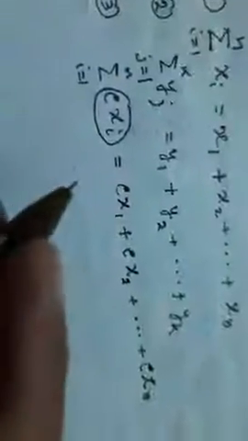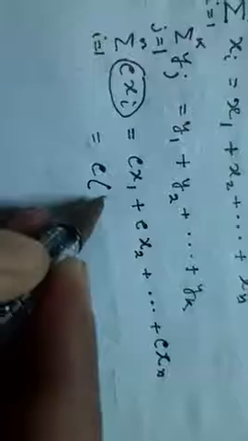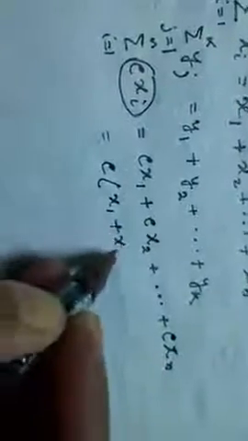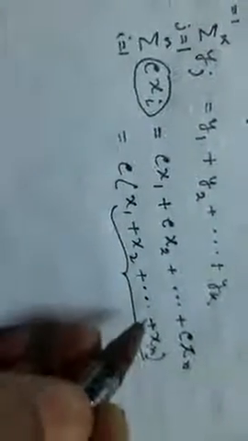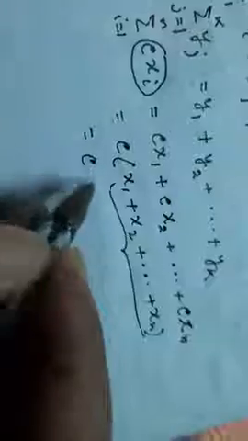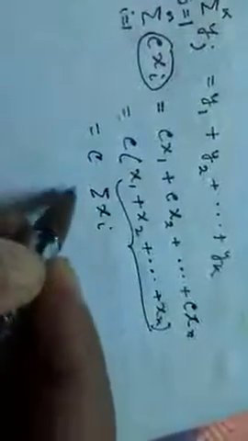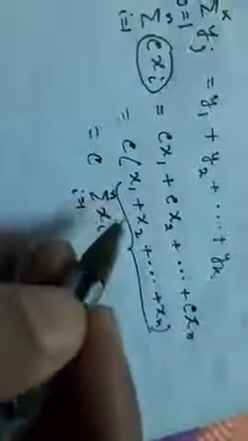Now you know that we can take c common here, so we are getting x1 plus x2 plus dot dot dot xn, and this, you know, is again the summation of xi, i is equal to 1 to n.